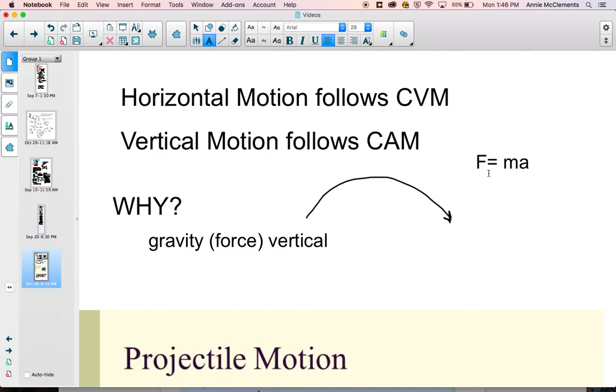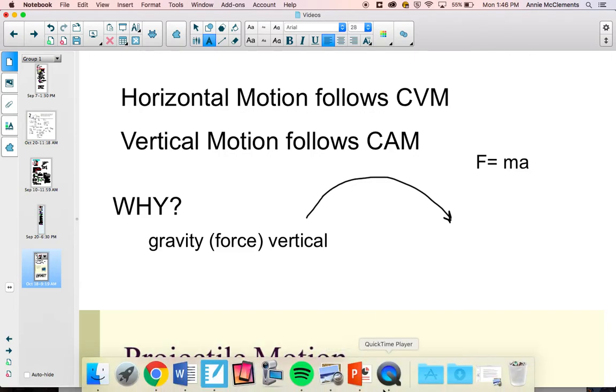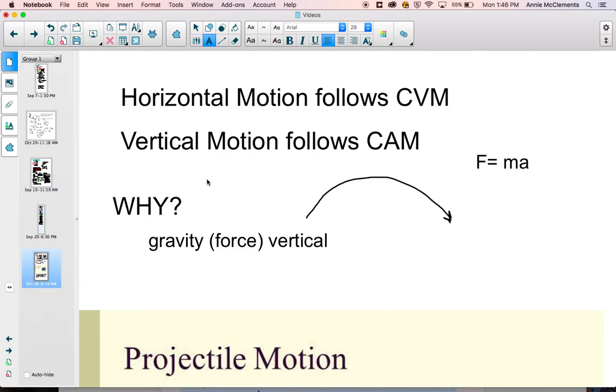All right. So I want to show you a quick video here to hopefully help prove to you that in fact the motion in the horizontal direction is at a constant velocity, and in the vertical direction it is something of a free fall.